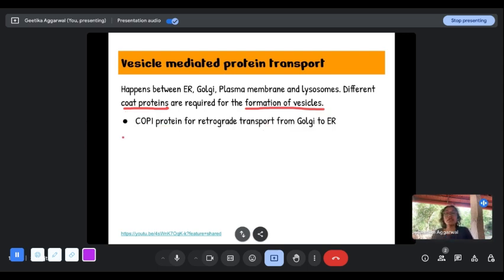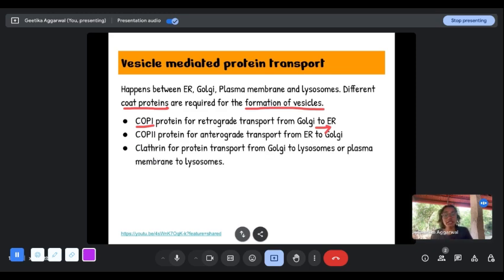One of these coat proteins is COP1, which is for retrograde transport, the transport of proteins from the Golgi to the endoplasmic reticulum. Then there is COP2, which is required for the opposite, anterograde transport from the endoplasmic reticulum to the Golgi.